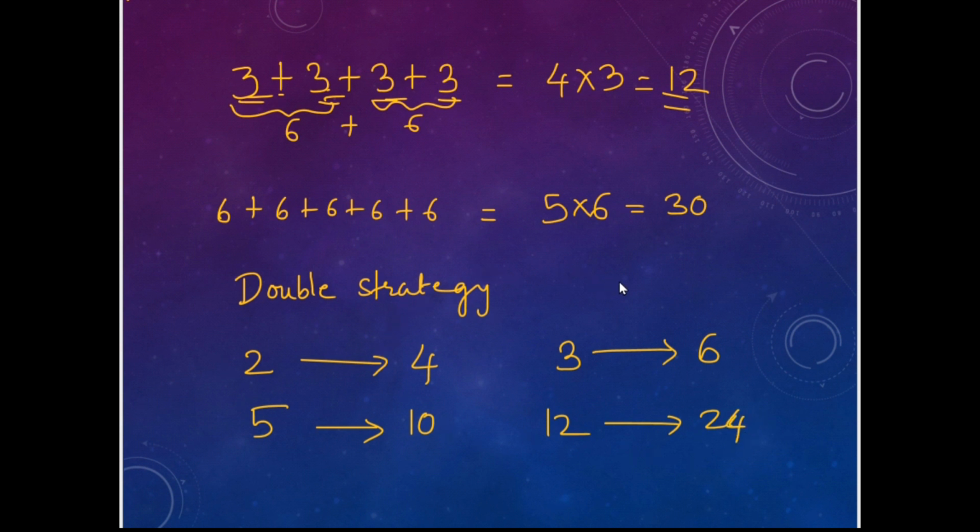This double strategy we are going to use to form a times table. Doubles is easy, right? Adding the same number twice. Now let's see how to use this to form the times table of 2, 4 and 8.